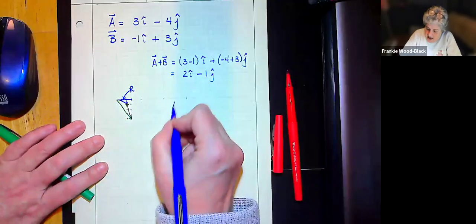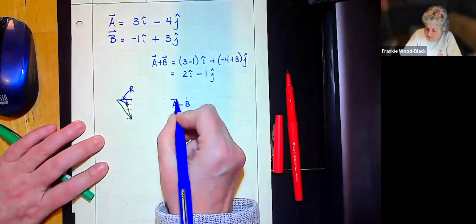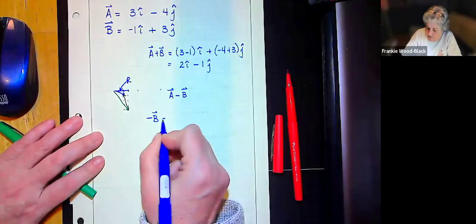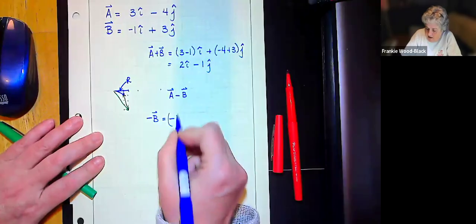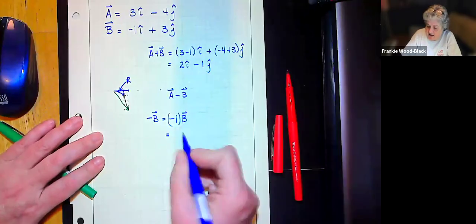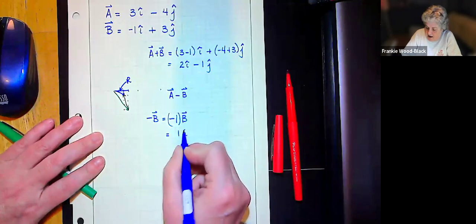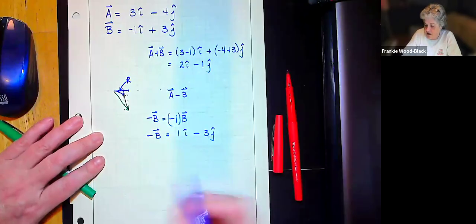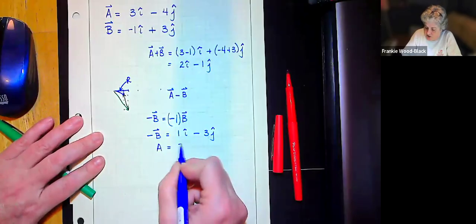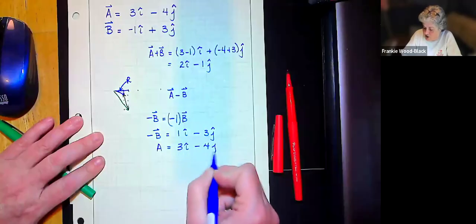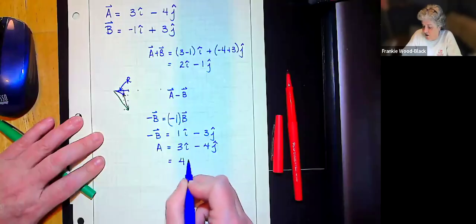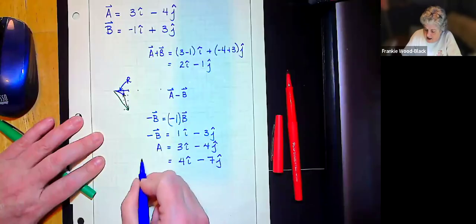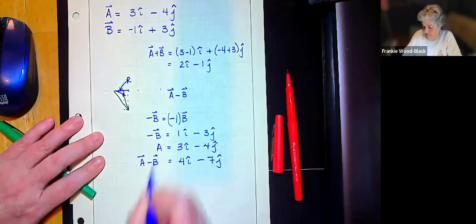If I were to do A minus B, okay, well, first of all, minus B is equal to -1 times my B vector. So that is going to mean that now I get 1 in the i direction minus 3 in the j direction. That's equal to minus B. So now if I take my A vector, which was 3i minus 4j, now I'm going to get 4i minus 7j is my A minus B vector.